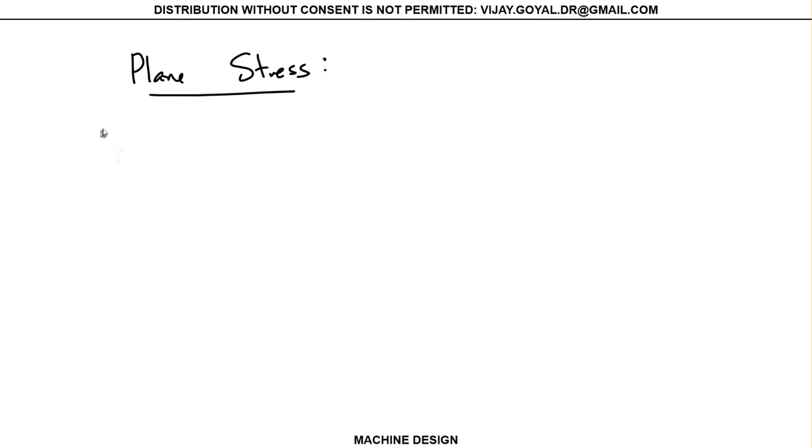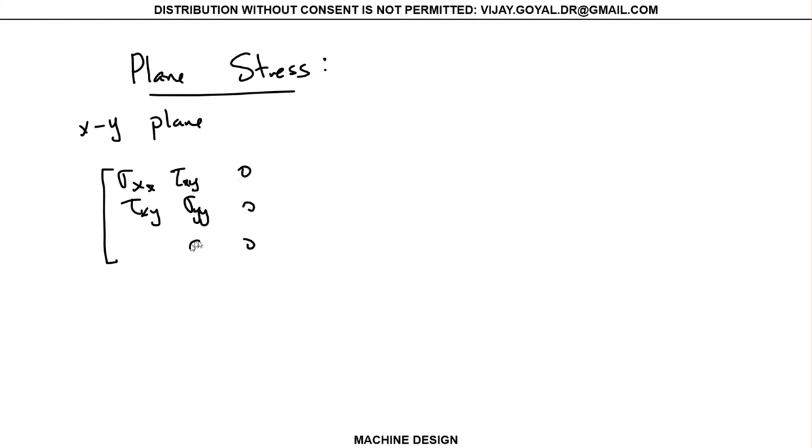Okay, so if it's confined to the XY plane, your state of stress is going to look like sigma XX, sigma XY, tau XY, sigma YY, with all these 0. Okay, if it's confined to the YZ plane, your state of stress is going to look like this.